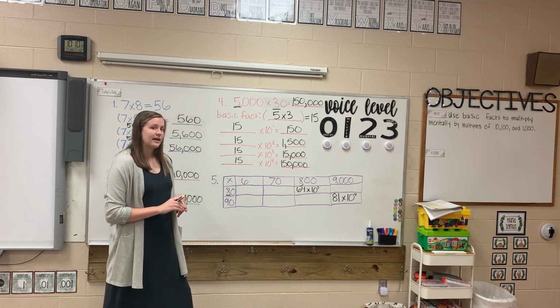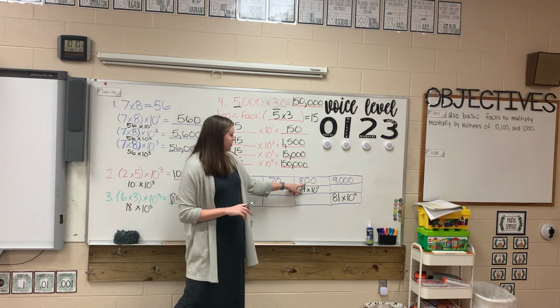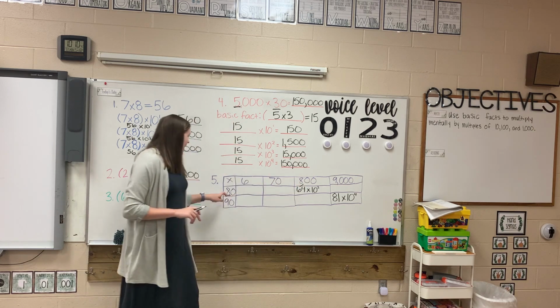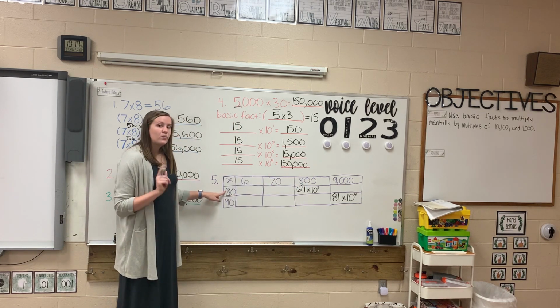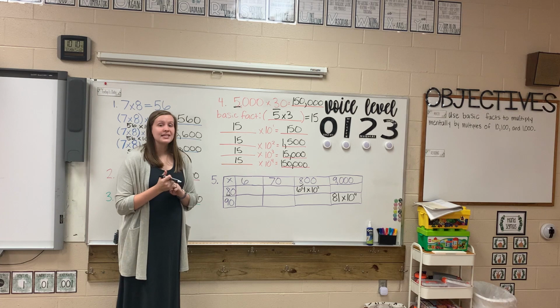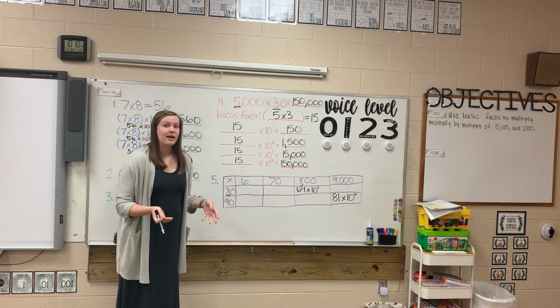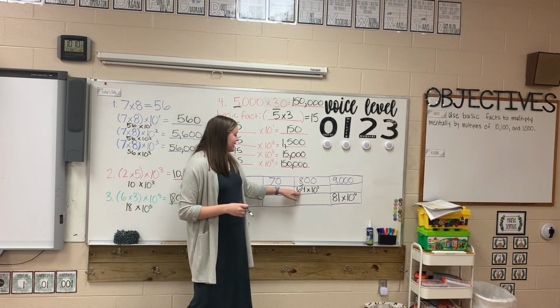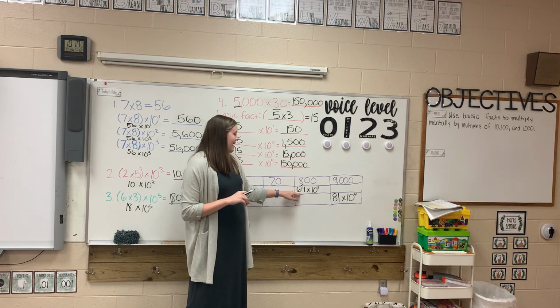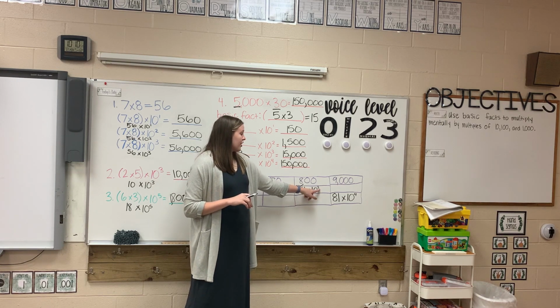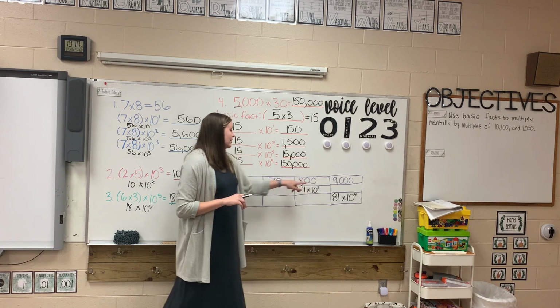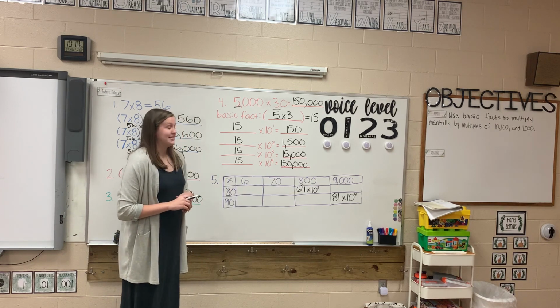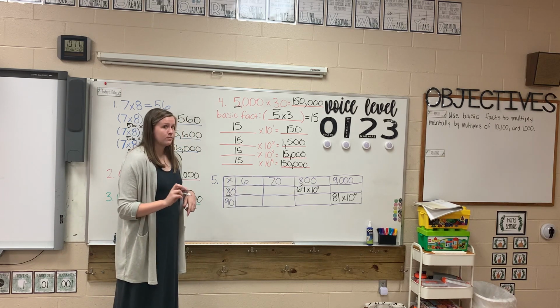Well, how many zeros are on 800? 2. How many zeros are on 80? 1. So we have 3 zeros that we can't just forget about, right? So we need to multiply 64, our basic fact, by the third power of 10 because we had 3 zeros after our basic fact.